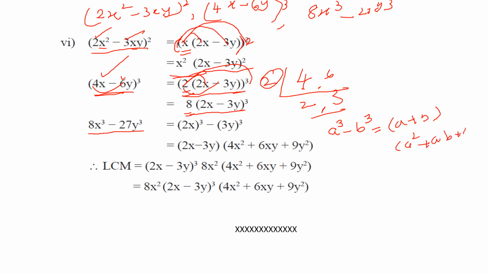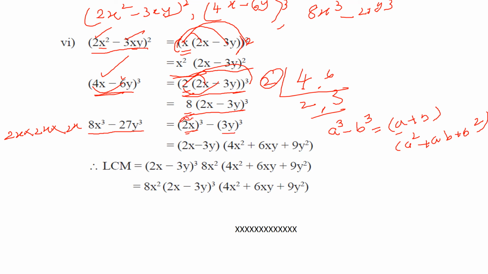So first we will find out what is a. a means 8x cube, so we write it as 2x whole cube. How will you get it? 2x into 2x into 2x is 8x cube. So 2x whole cube minus 27y cube. Also we can write it as 3y whole cube. So we find that a and b.